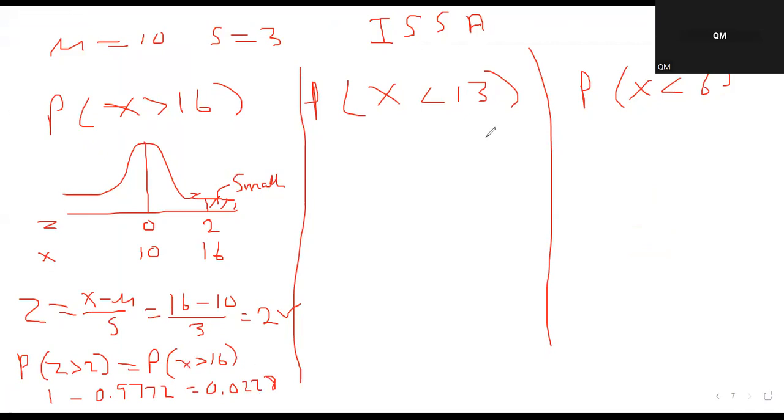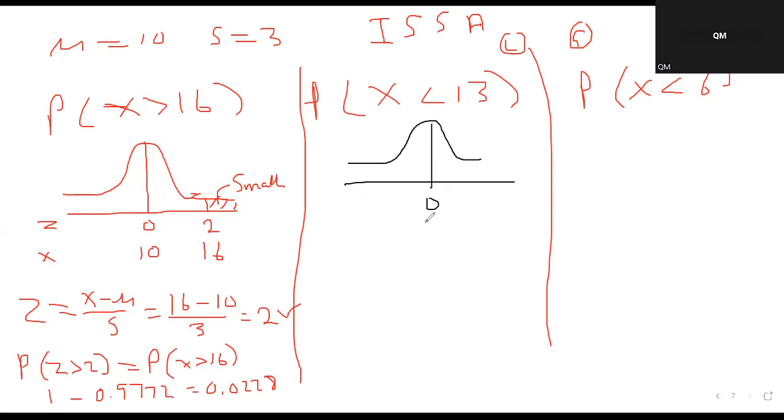So the ladies and the gents here, please lead us through using ISA. So let's start. The ladies, step 1, what do we do? Illustrate. So our mean, what is that our mean?